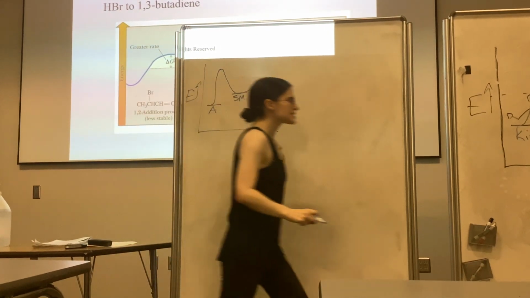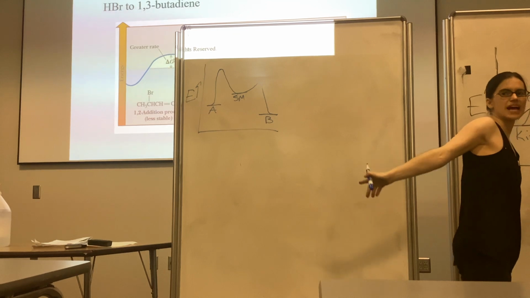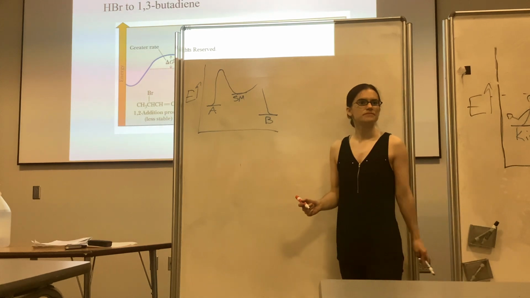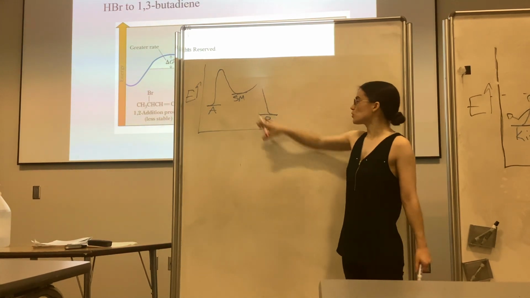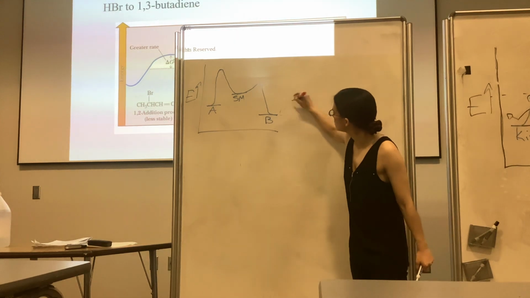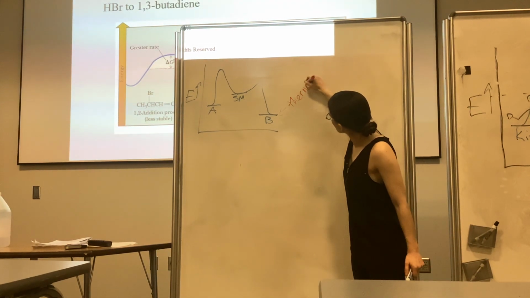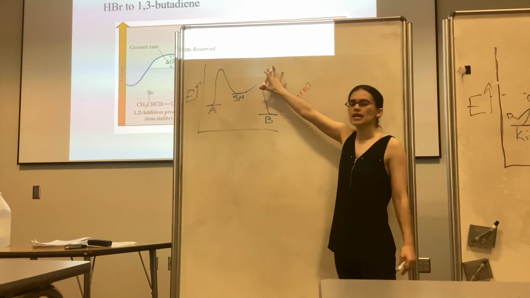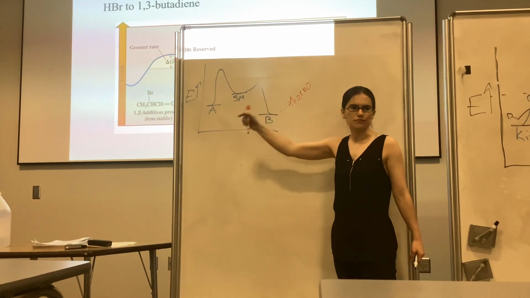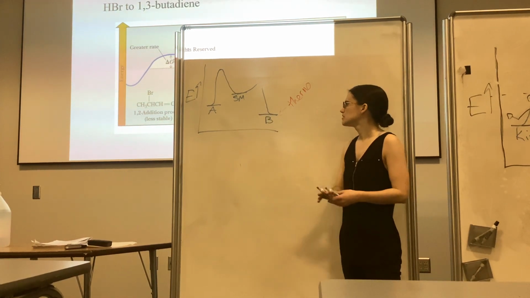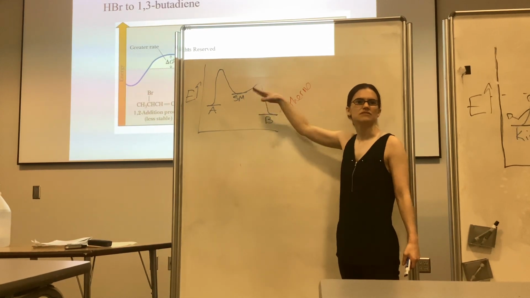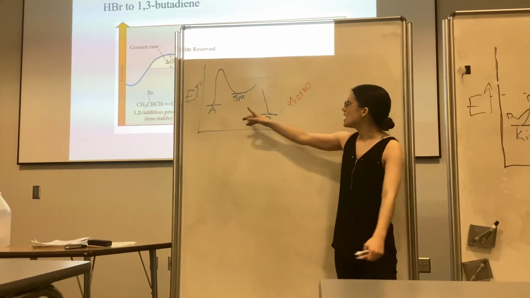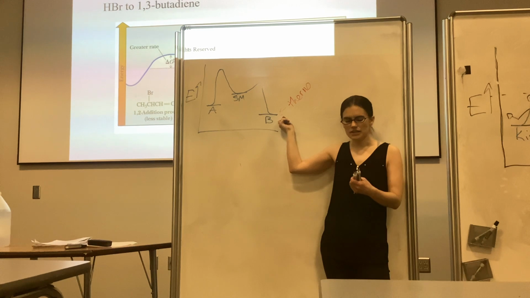Knowing nothing else about this reaction, which one's the thermodynamic product? A or B? Thermodynamic is more stable, so we're going to have B. If energy in the world is available, and it can do either reaction freely, and it's reversible, then we're going to be able to favor B, right?